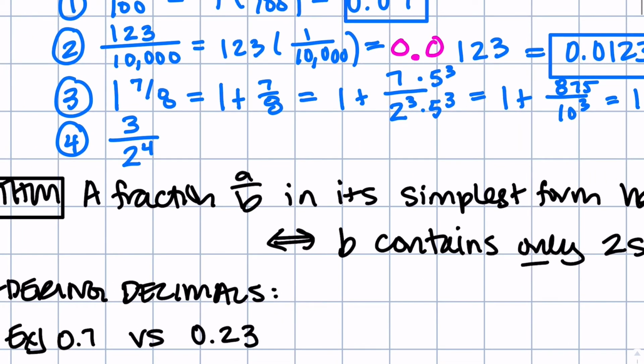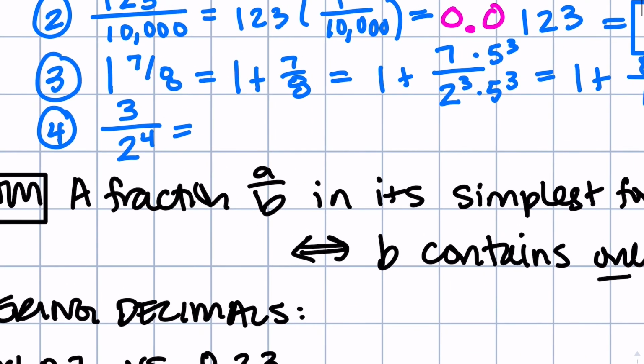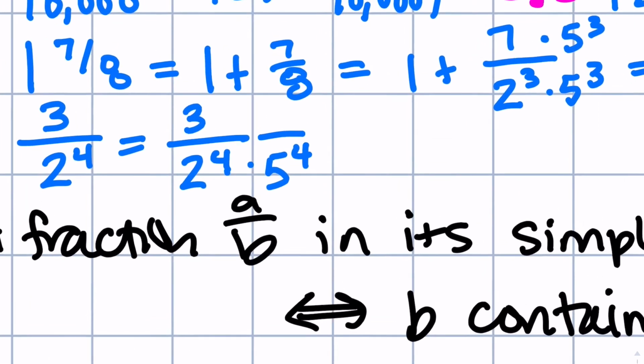Okay, so here in this last example, we're going to do something similar. We have some powers of 2 in the denominator. We need some powers of 5 in the denominator to make the denominator a power of 10. Okay, so let's see. I have 3 and 2/4. Well, I have 4 powers of 2 in the denominator, so let's add 4 powers of 5 to the denominator. And when I say add, I mean multiply. And whatever I do to the denominator, I have to do to the numerator, otherwise I'm changing the value here.